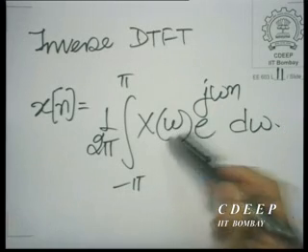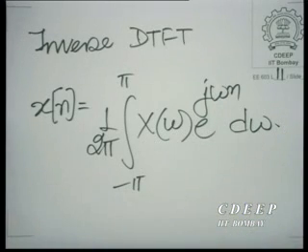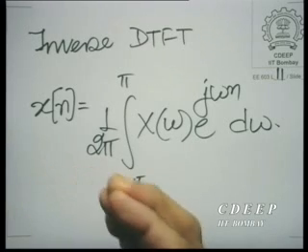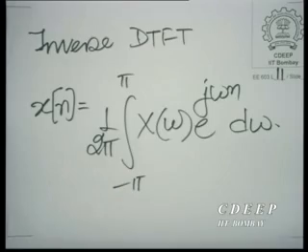We reinterpret this as before: we take the continuum of omegas from minus pi to plus pi. For each of these, you can think of a pair of omegas, one plus omega 0, the other minus omega 0. They come together. So X at omega 0 contributes X of omega 0 times e raised to the power j omega 0 n. Minus omega 0 contributes X of minus omega 0 times e raised to the power minus j omega 0 n.